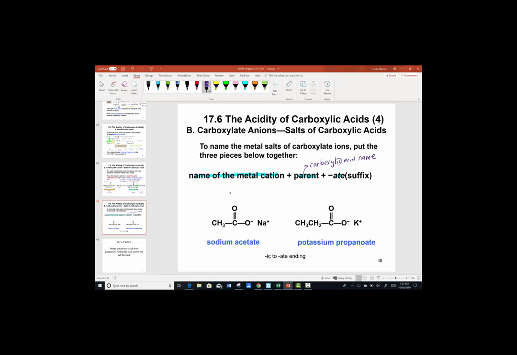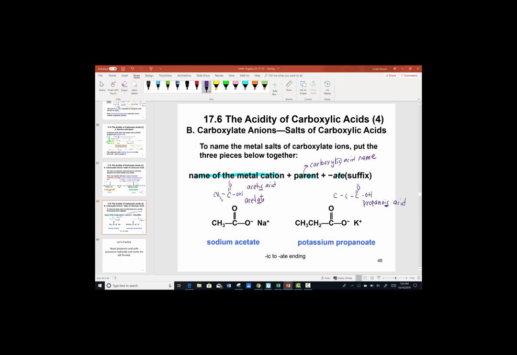This as a carboxylic acid, just to remind ourselves, would be called acetic acid. And so its salt would be called sodium acetate. So this would be acetic acid turning to acetate, ic to ate. Here we have 3 carbons. The acid itself would be called propanoic acid.